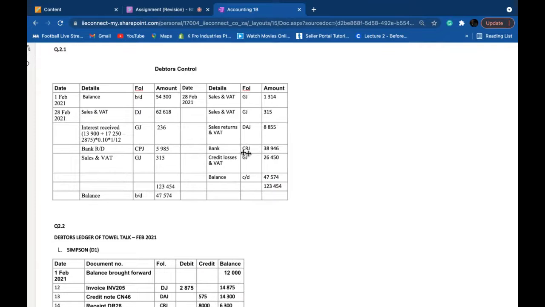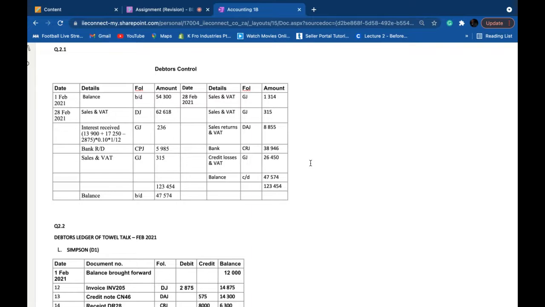Okay. So in bank, this is all the money we've received from our debtors. We assumed that 5,985, I think it is, was money we had also received. But we then realized at a later point that we didn't receive it, and we didn't record it on the 28th when we realized that.